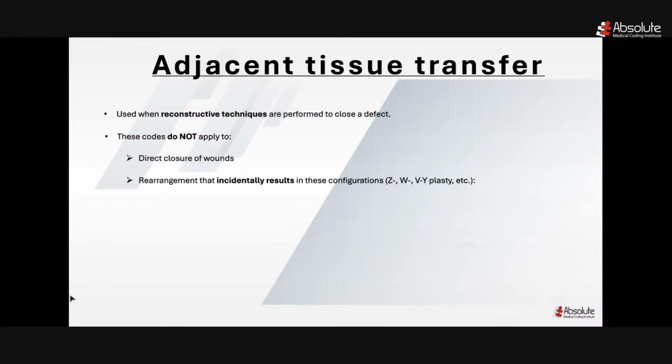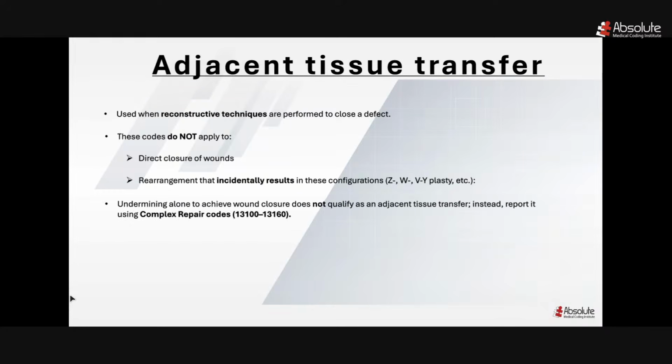That is also an important point to note. If a rearrangement incidentally creates such shapes, you don't count it as an ATT procedure. And undermining alone to close a wound does not qualify for an ATT procedure. Instead, you should code complex repair codes.